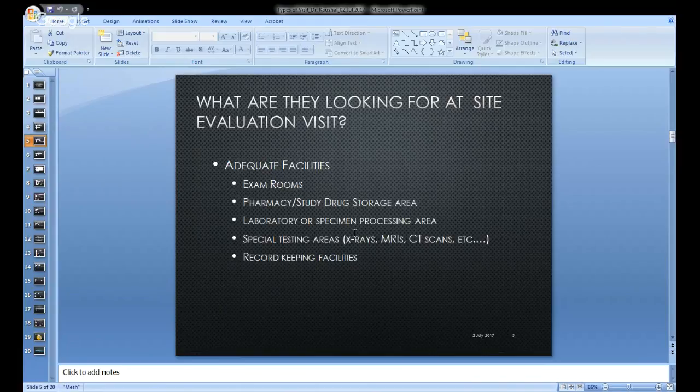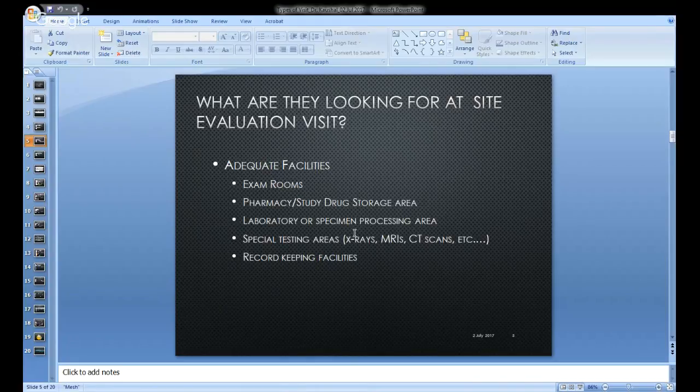The analysis is not varying from laboratory to laboratory, keeping their standards or their calibration in mind. So we have a central laboratory, but that does not mean that we will only stick to the central laboratory. We also need to take care of the local laboratory, which may be in-house or a nearby facility. So understanding the laboratory requirements for your particular protocol, for your particular trial, is really very, very important.